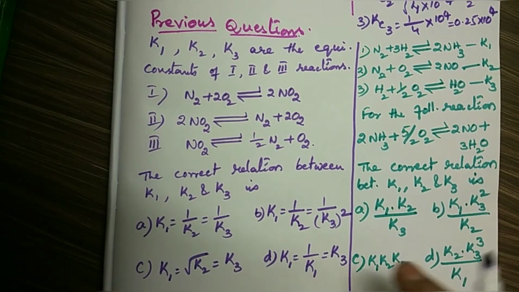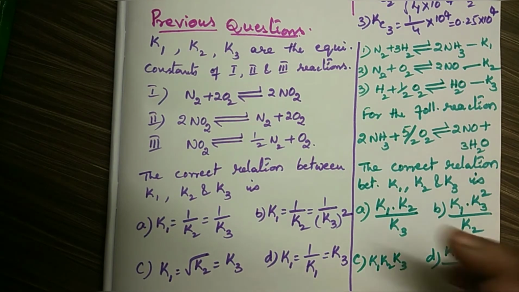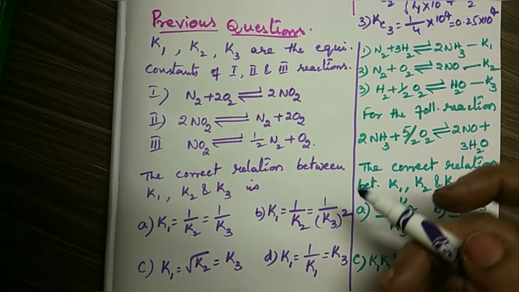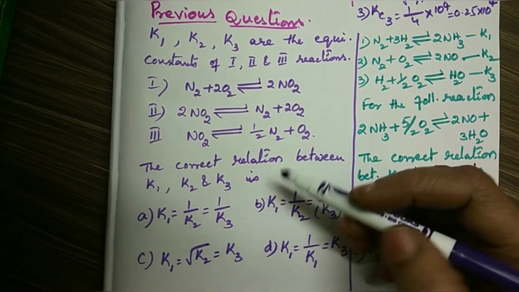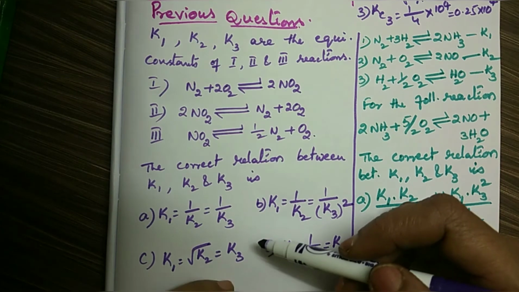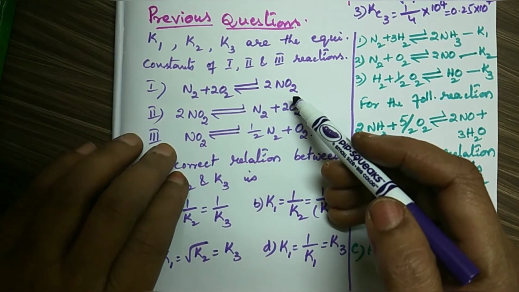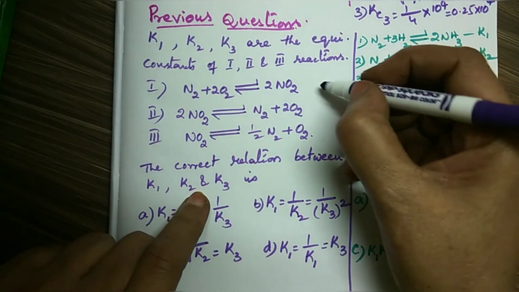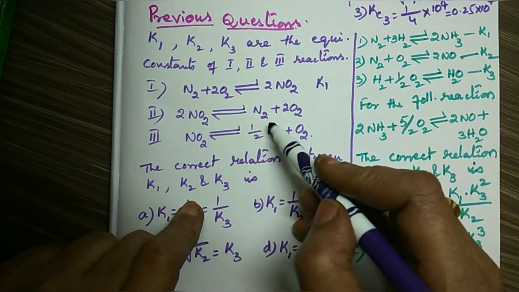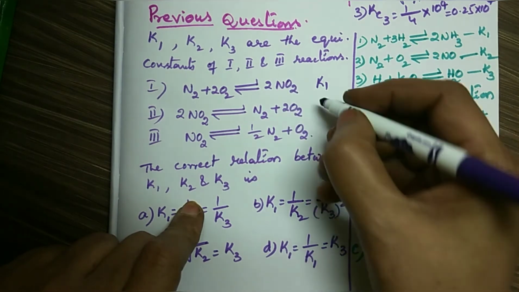Next, these are some previous JEE mains questions. Here the values are not given, only K1, K2, K3 are given. For these reactions, let us see how to show the relation between the first, second and third reactions. The first reaction is N2 plus 2O2 giving 2NO2. For this, the equilibrium constant is K1. For the second reaction, 2NO2 giving N2 plus 2O2, this is the inverse of the first one.